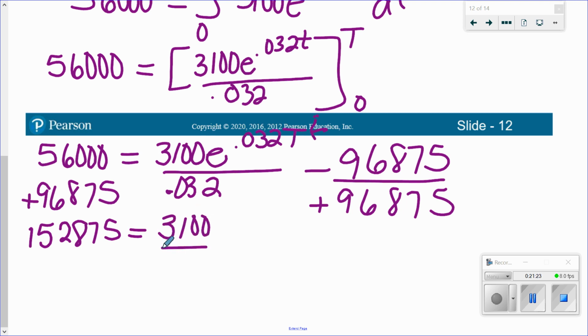I want to make this a coefficient. 3,100 divided by 0.032.